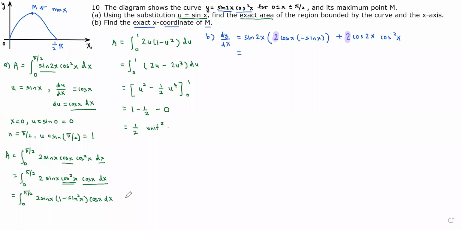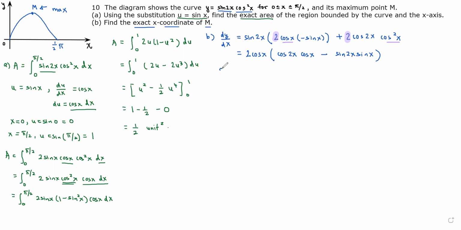And also there is a cos x and there is a cos x here. So what we can do is factor out 2 cos x. When we factor 2 cos x, we will have cos 2x cos x here. This is a negative, so we have negative sine 2x sine x. That is dy dx.